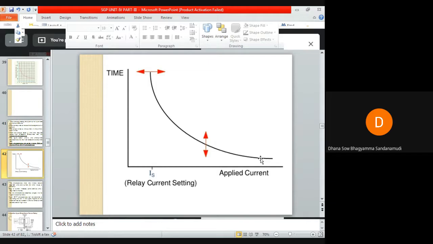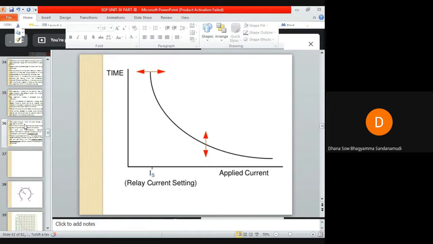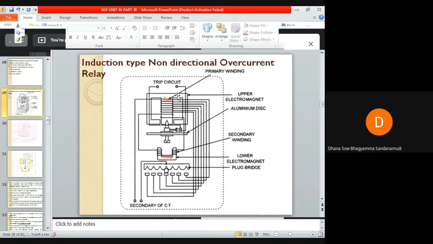The IDMT, inverse definite minimum time characteristic, can be obtained by saturating the iron in the upper magnet. You can saturate this ferromagnet simply by allowing current to flow through the primary winding. As the current in the primary winding increases, the flux phi1 on the upper electromagnet will also gradually increase.